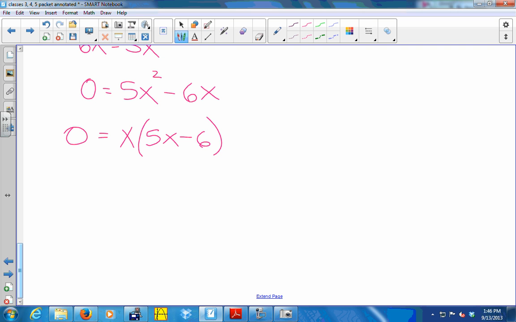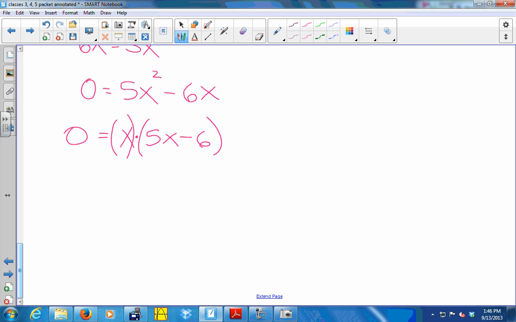Can you explain how that works? Why can I set each thing equal to 0 now? Yes, I have a multiplication, multiplying two things together. Can I do that if, say, the left-hand side of that equation said 1?